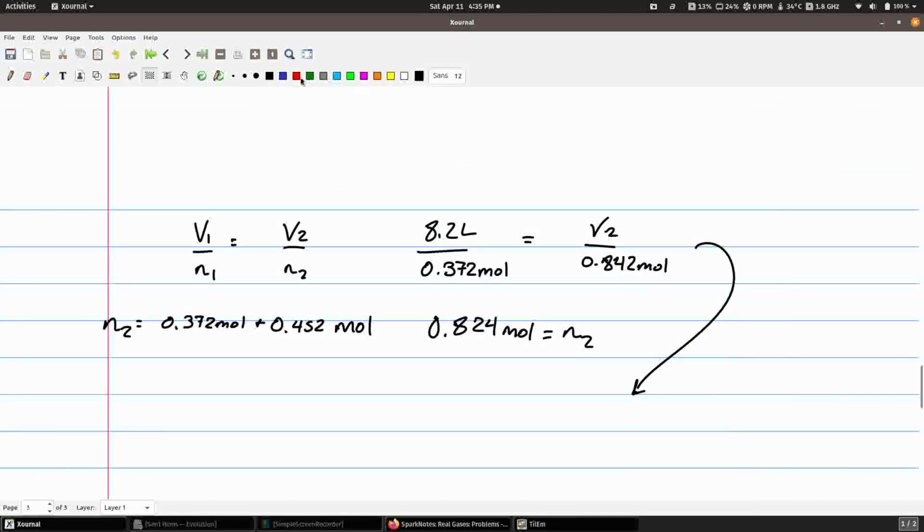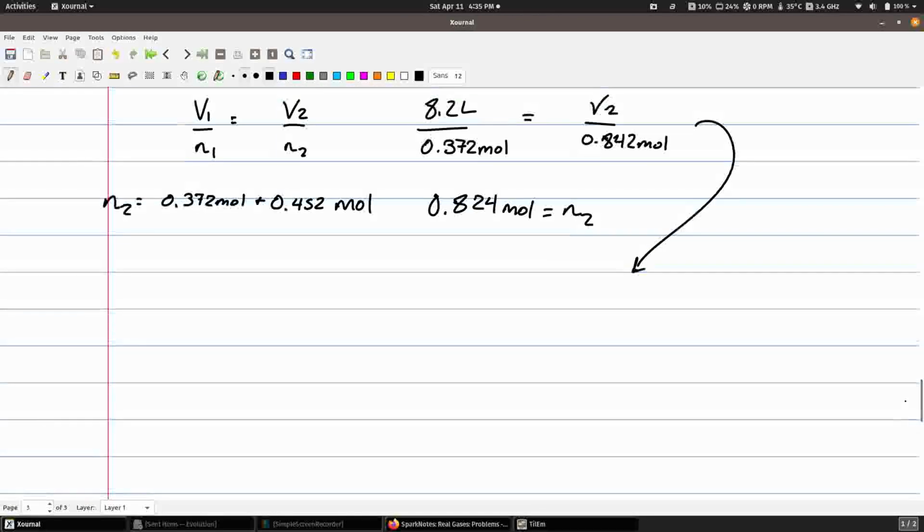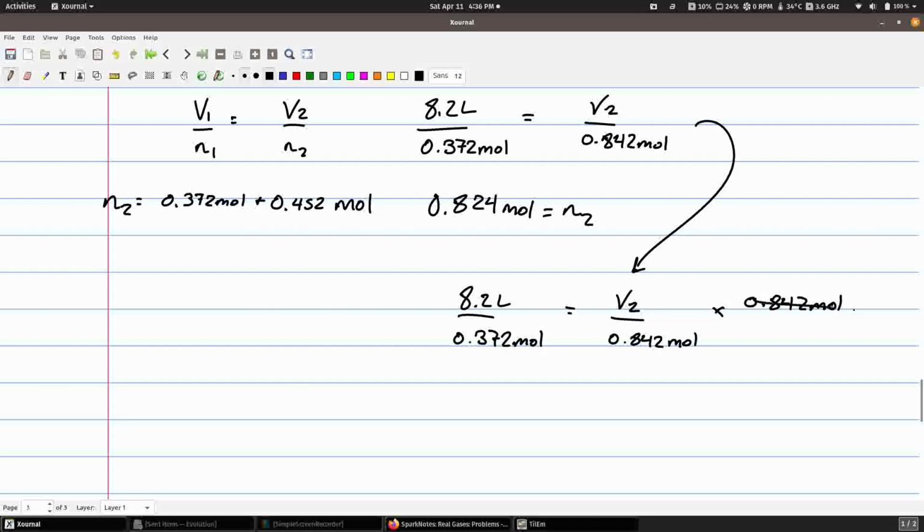Okay, so that means we have 8.2 liters over 0.372 mole equals V2 over 0.842 mole. We have to isolate V2, so you just multiply both sides by 0.842 moles.